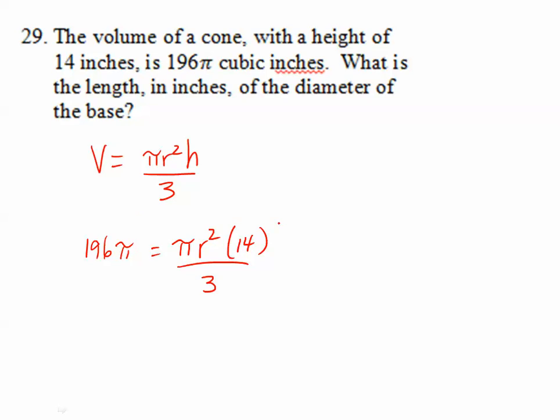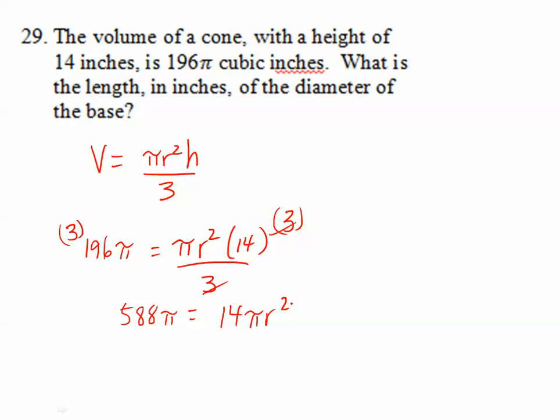So I multiply both sides by 3 to solve. And when I do that, I get 196 times 3 is 588 pi equals, these cancel, 14 pi r squared.